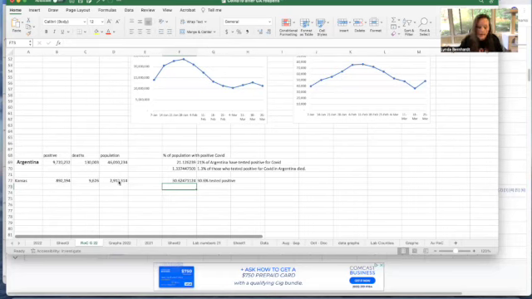Now, for how many died, equals, open parentheses, deaths divided by number of cases, close parentheses, times 100. So this one means 1.08%. So that's how many would have died.